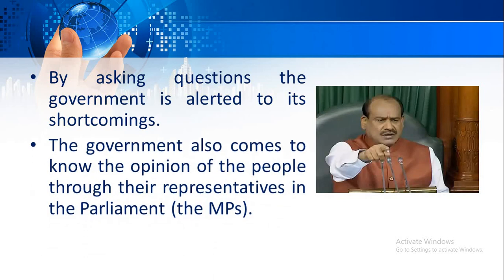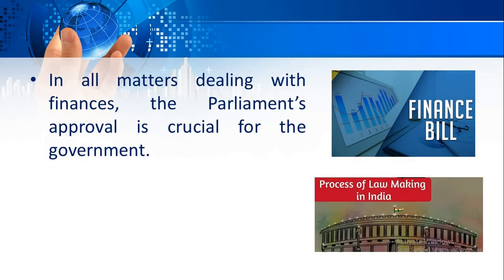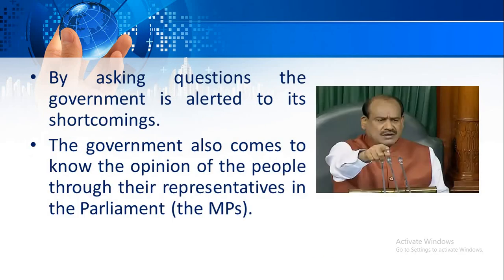The opposition parties play a critical role in the healthy functioning of a democracy. They highlight drawbacks in various policies and programs of the government and mobilize popular support for their own policies.